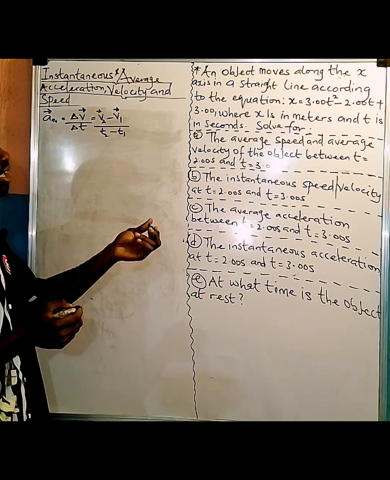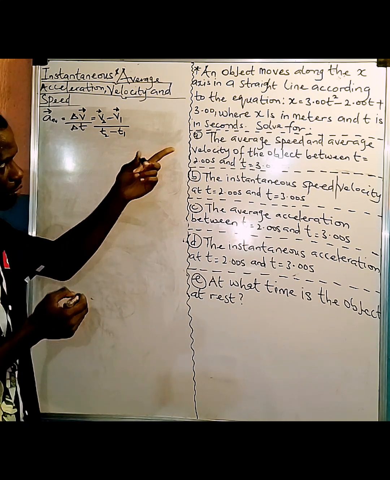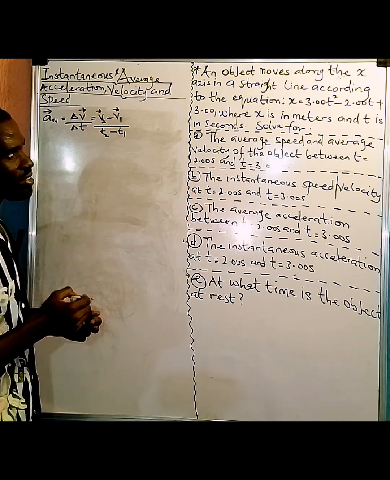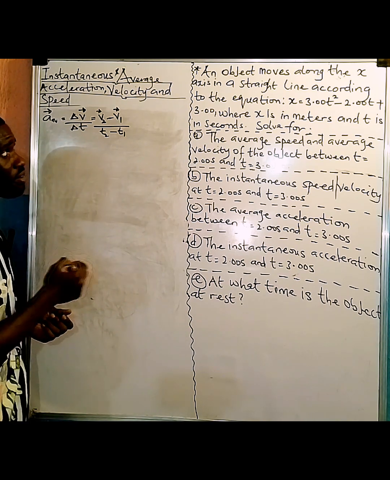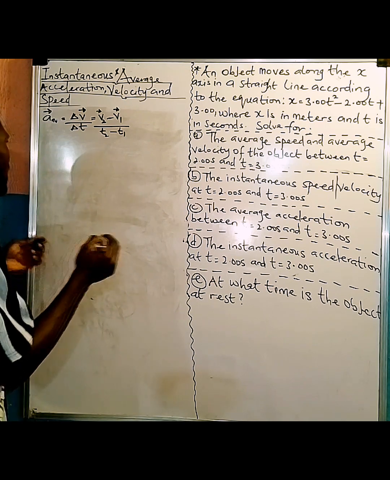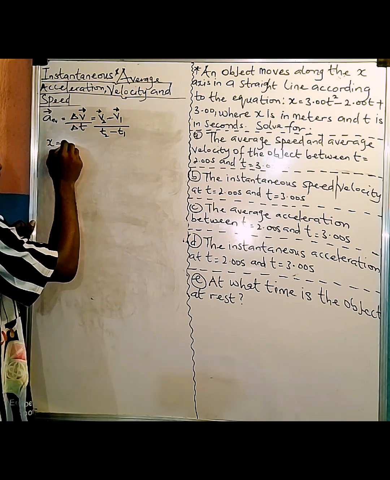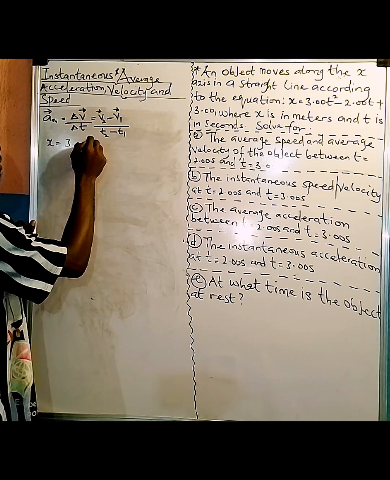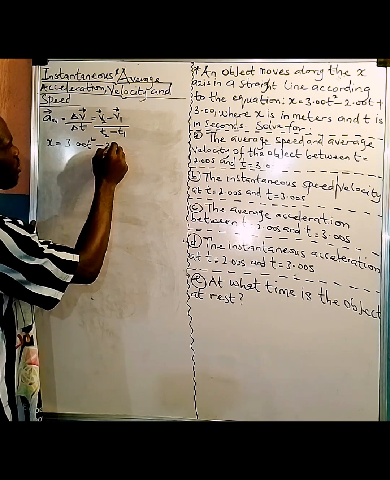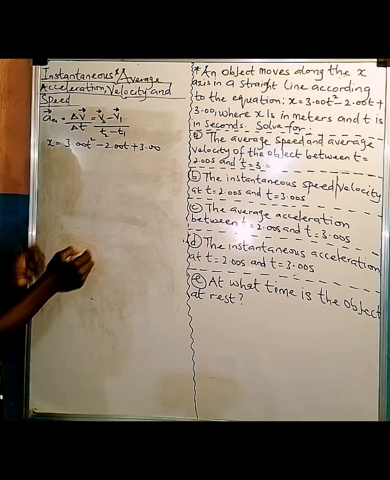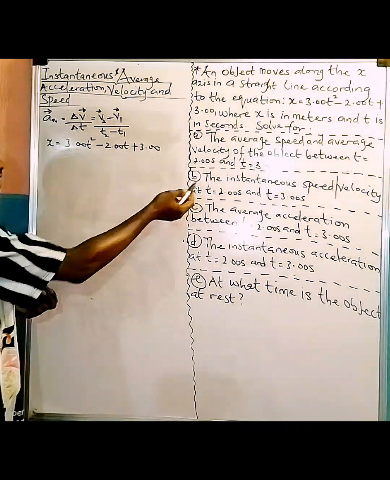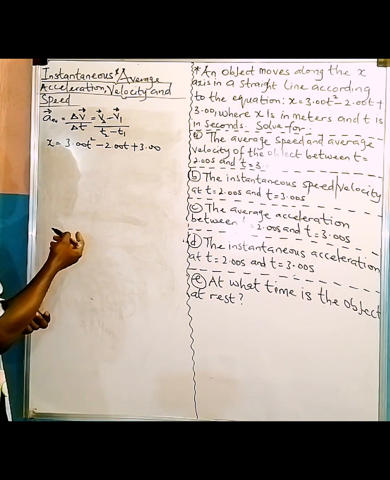But what do we have? What we have right here is just the equation given to us: displacement equals 3.00 t squared minus 2.00 t plus 3.00. Now don't forget, in question 2 we differentiated to get the velocity.